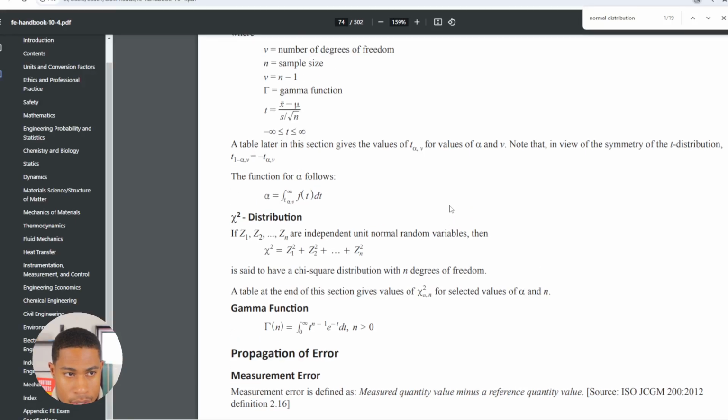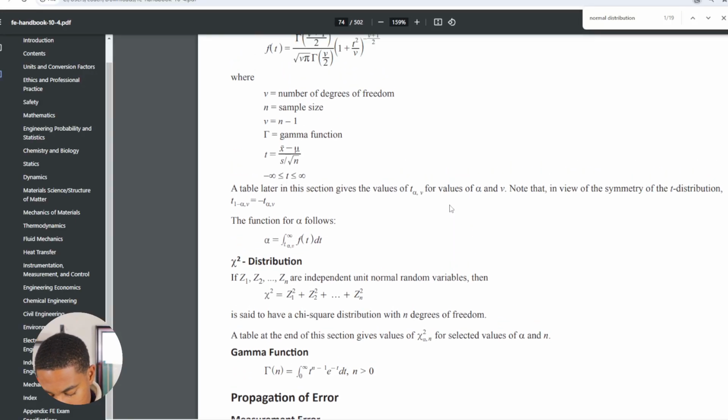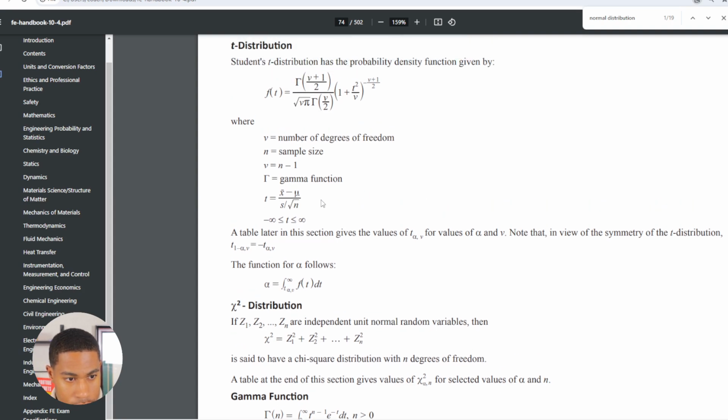And the important formula here is going to be this: the sample mean minus your mean over S, which is standard deviation, divided by the square root of n, which is the number of samples. So that will give you your probability. All right.